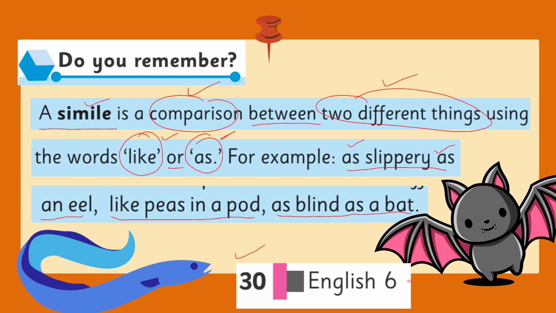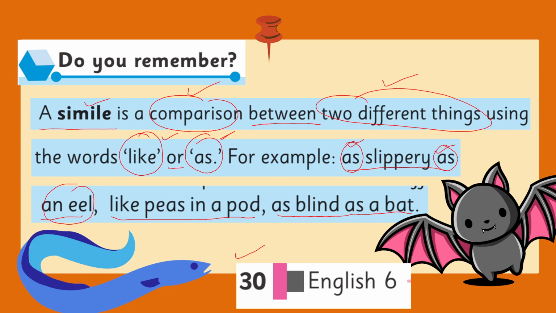So, as slippery as an eel, if you are talking about something which is other than an eel and you are comparing it with an eel, you are emphasizing that the thing is very slippery, just like an eel has a slippery nature. So we are comparing two different things with the word as, and this is our simile.